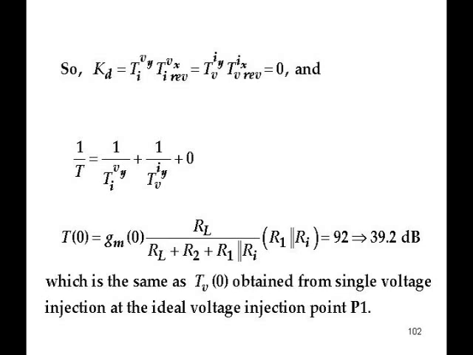So using dual injection at a non-ideal point gives you the same answers that you want if you could get to an ideal injection point. But again, in any practical circuit, there is no such thing as an ideal injection point. Every active device model whose basic element is a dependent generator, that dependent generator always has a non-infinite impedance across it.